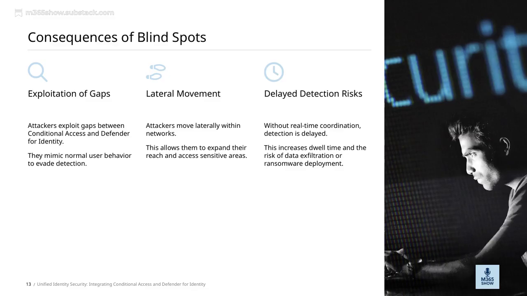This lateral movement is a key tactic they use to deepen their infiltration and cause more damage. Furthermore, attackers often exploit gaps between our security tools, specifically between Conditional Access and Defender for Identity. They get clever here, mimicking normal user behavior to avoid detection. This exploitation of gaps makes it even harder for us to spot malicious activity early on.